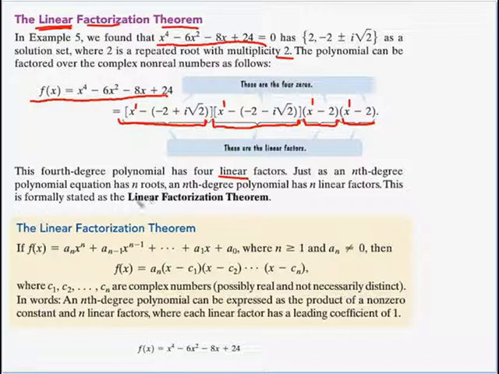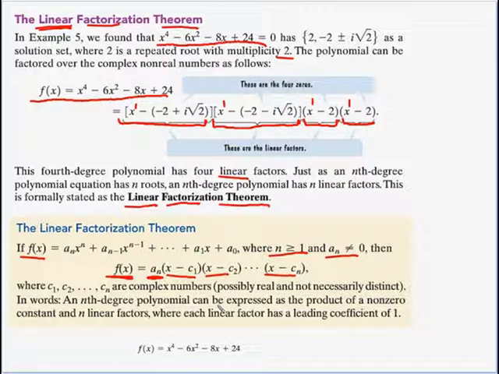This is formally stated as the linear factorization theorem. If we have this polynomial where n is greater than or equal to 1, and the leading coefficient is not 0, then we can factor it like this. f of x is equal to some constant out here, maybe some coefficient, and then we have our linear factors, x minus c1, x minus c2, dot, dot, dot, x minus c sub n, where these c values are complex numbers, possibly real and not necessarily distinct.